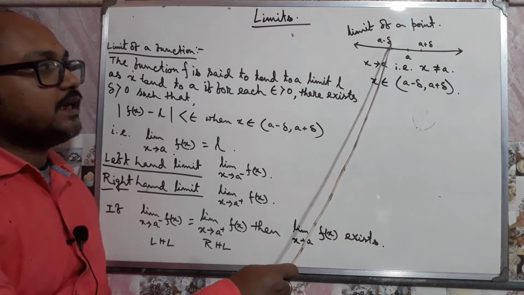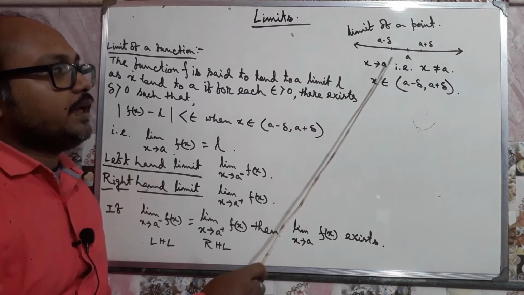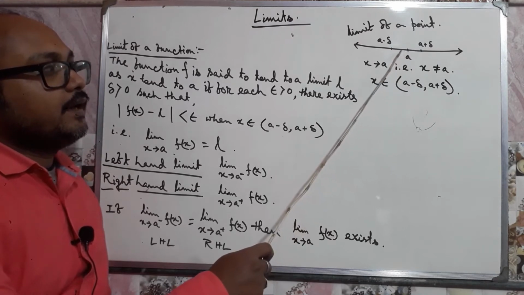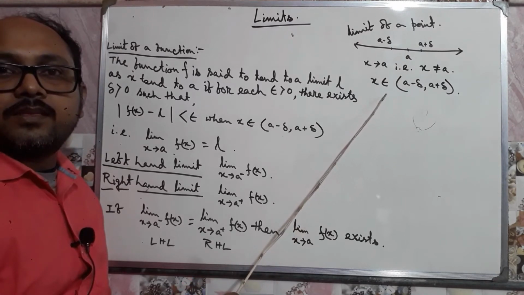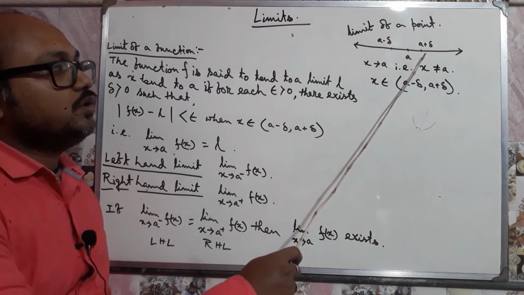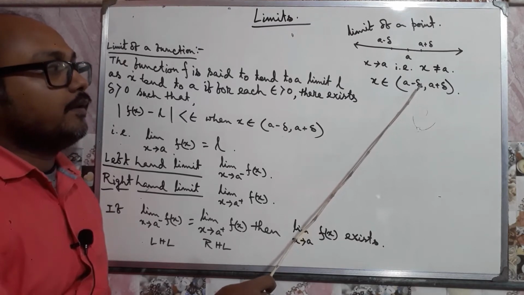In this case, delta is a very small value. X tends to a, that is not including the point a, the value of x lies in the interval a minus delta to a plus delta, excluding the point a.